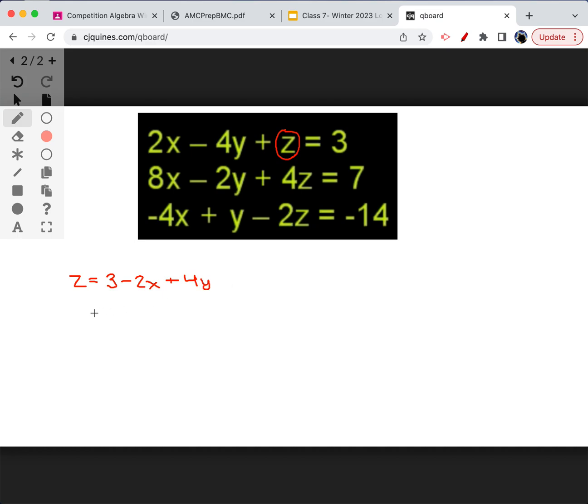And now what we do is substitute this value of z into the other two equations.